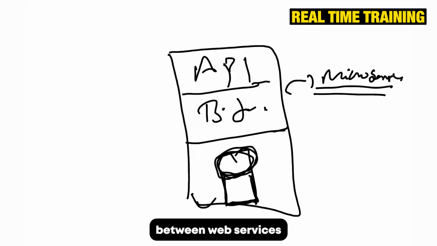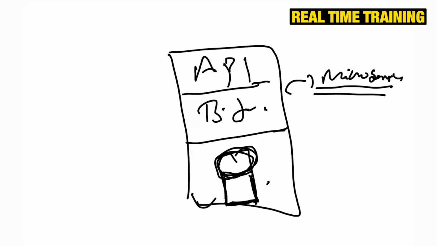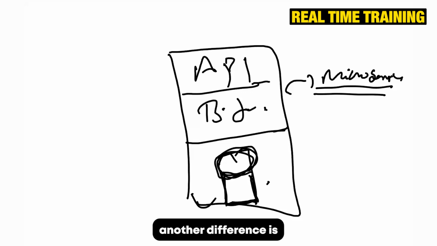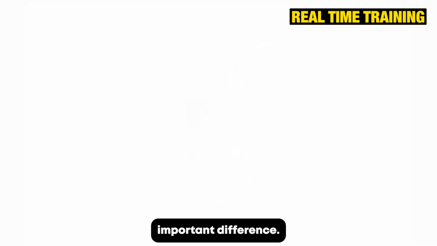Another difference between web service and microservices is the business logic and the database, and how the code is housed in the microservice architecture. So it's different. Now, another difference is a very important one, it can come in an interview too.